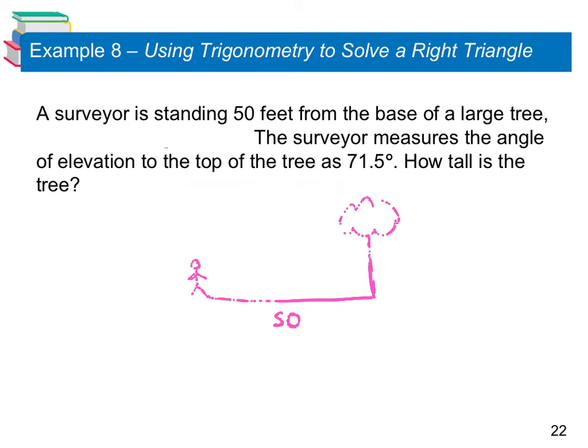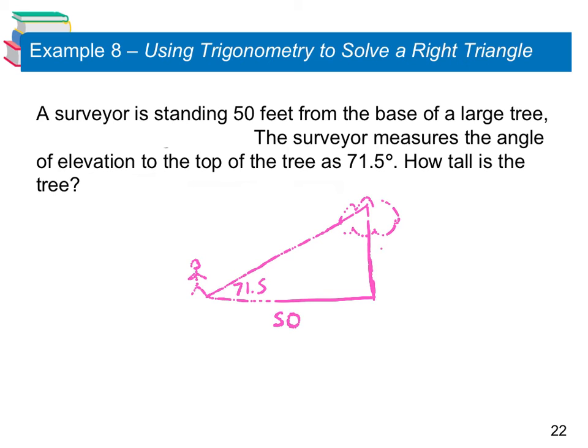So from the person, our angle of elevation is 71.5. How tall is the tree? So this is our right triangle here. We're looking for this x, the height of the tree.